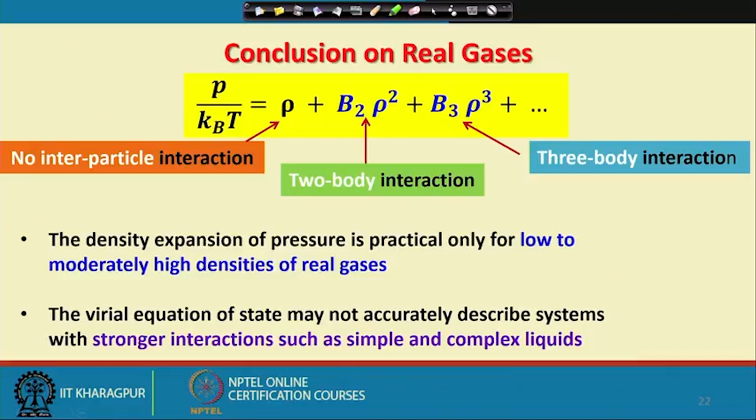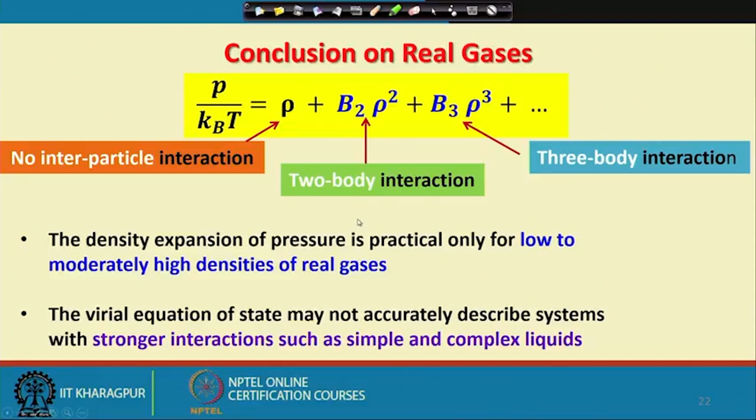However, this kind of resolution into two body and three body interaction and a density expansion in terms of the pressure is practical only for low to moderately high density for real gases.